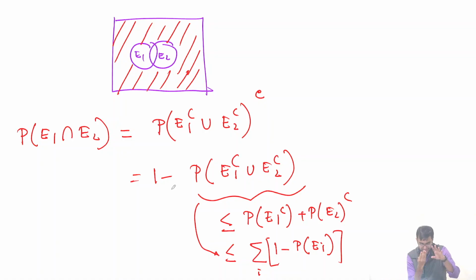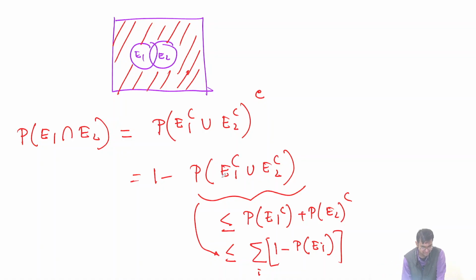So then combine it, what will you get? This is a negative sign. So by the way, now the negative sign comes into the picture, so less than or equal to will become greater than or equal to.